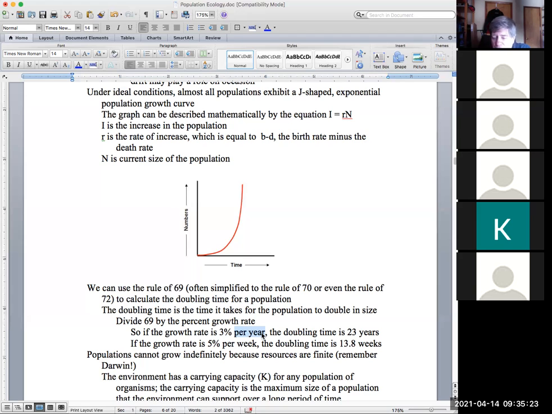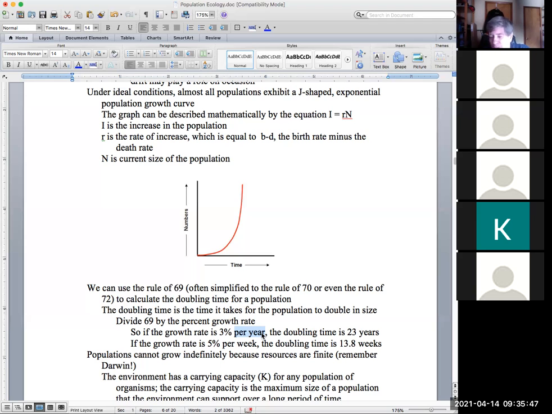Well, because if we're looking at something like, say, the mosquito population during the summer, we probably want to look at the growth rate per week. We don't want to look at the growth rate per year because mosquitoes only live a few weeks. So the growth rate per year is really kind of meaningless. We could look at the growth rate per decade if we wanted.